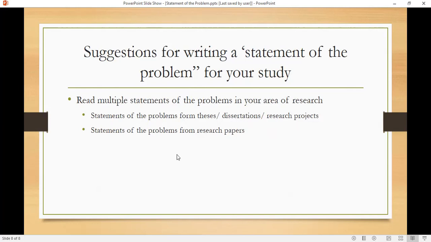They can be available online on different universities' websites, and there are other sources such as ProQuest that have uploaded different dissertations, theses, and projects. You can also read sample statements of the problem from other research papers. But I recommend that whether you go for theses, dissertations, research projects, or research papers, you should focus on your own area so that you can easily link it to your research.